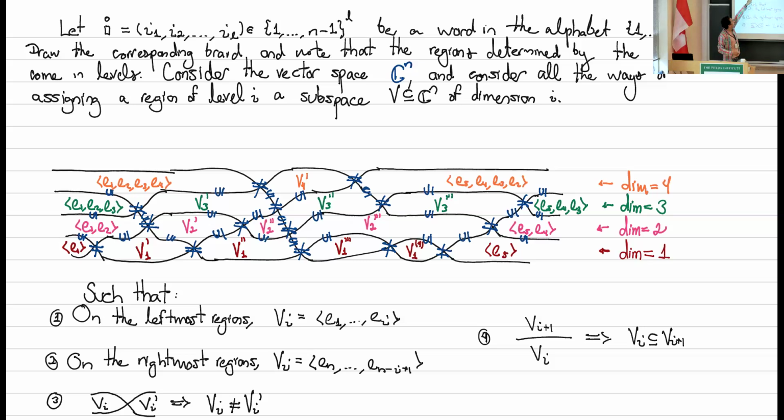And then with this, I will replace the space generated by E1, E2, E3 with a space V3 prime, but I want it to contain the space generated by E1, E2, and be contained in the space generated by E1, E2, E3, and E4. So I don't have too much freedom each time. And the braid variety is just the moduli space of all such configurations. Okay?